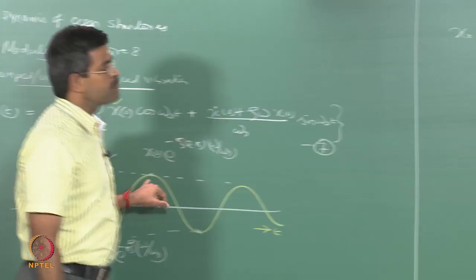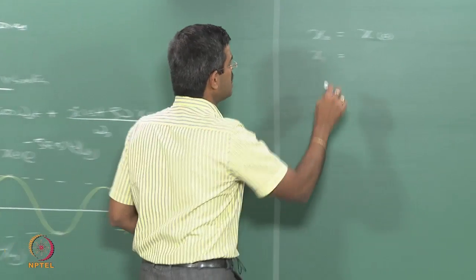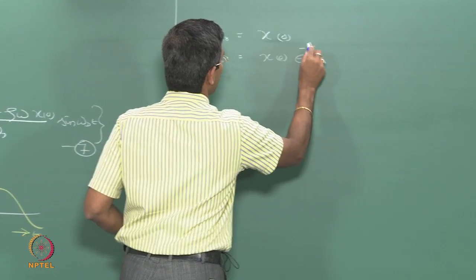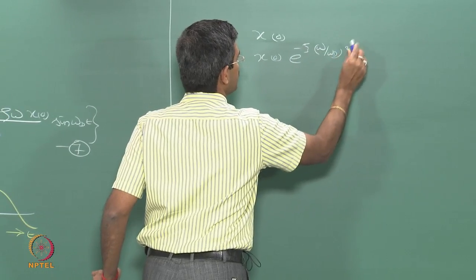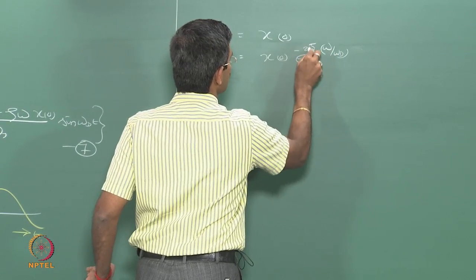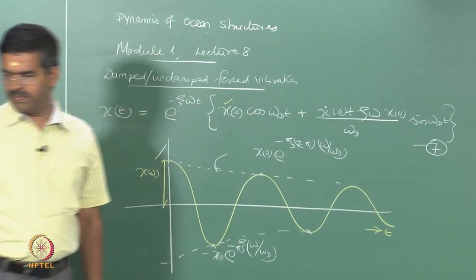The second positive response, I call x 1, which is nothing but x naught multiplied by e power minus zeta omega by omega d of 2 pi, or let us write it here as minus 2 pi zeta. That is the value here.